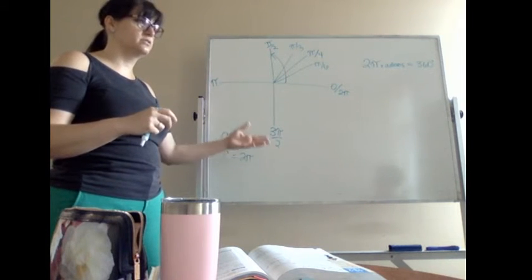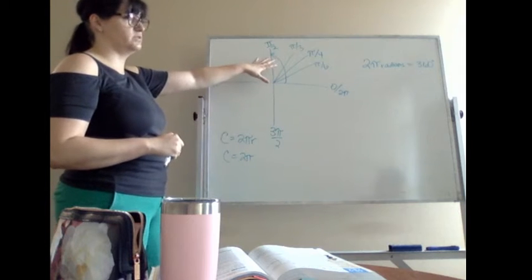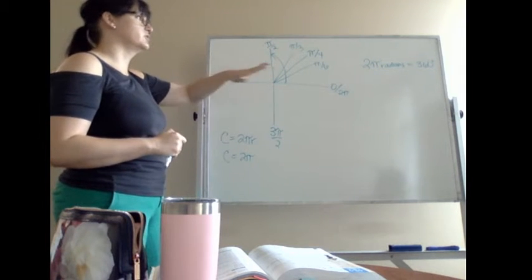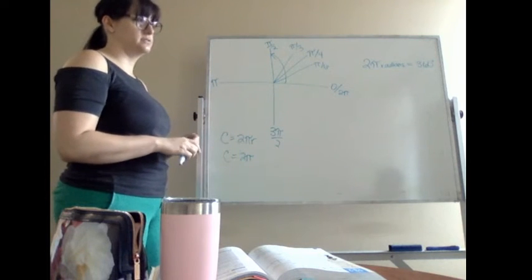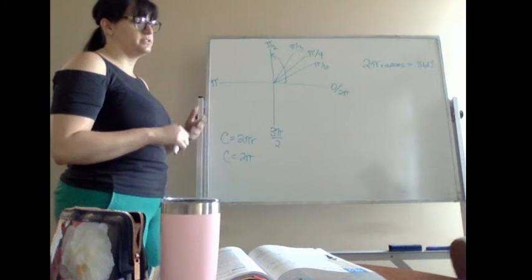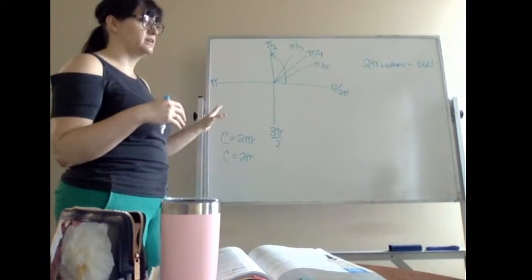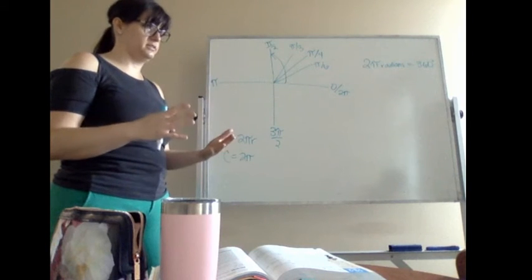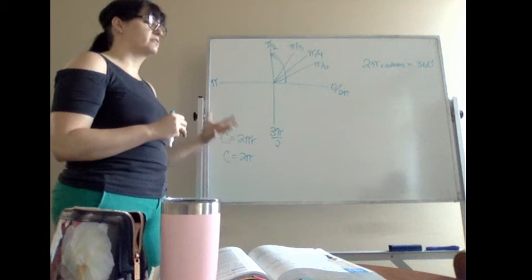So we can think about it in terms of degrees at first, but the goal is to move away from that and start thinking in terms of radians. Degrees never go away completely because as a world system, we're too dependent on them, but there's just no mathematical basis for them. Radians are much more mathematically founded.